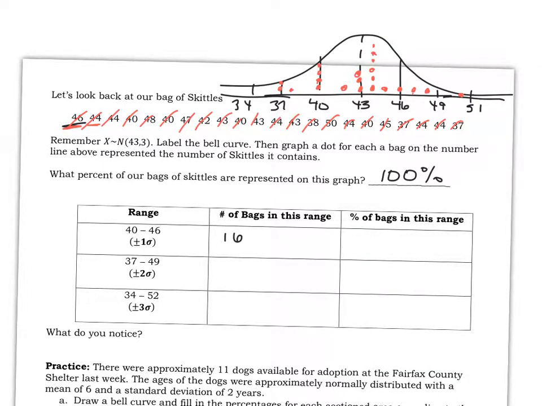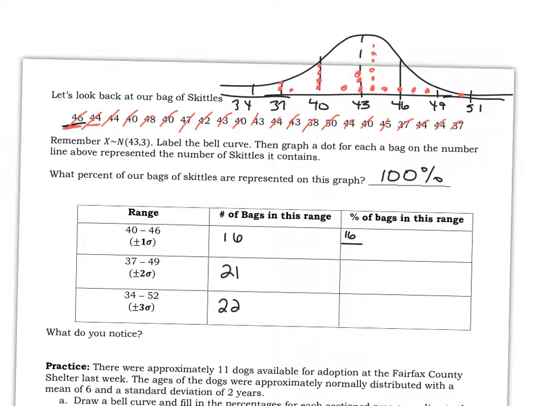Let's just go through and fill out the rest of the table. What about 37 to 49? So 1, 2, 3, up to 19, 20, 21, and 22 for the last range. So now it says percent of bags. How I do that is I do 16 divided by the total of bags in this problem.